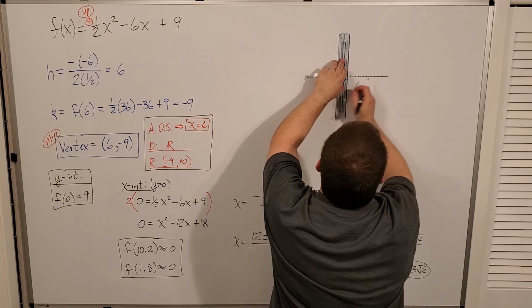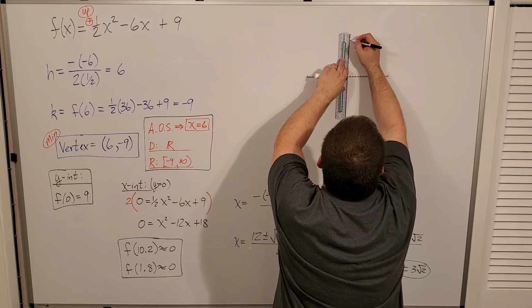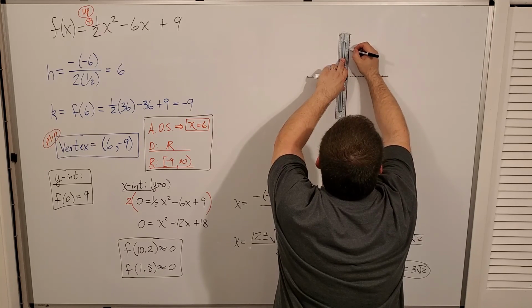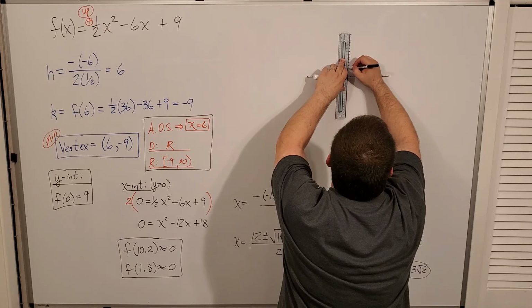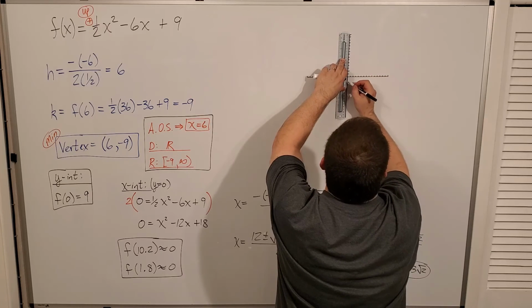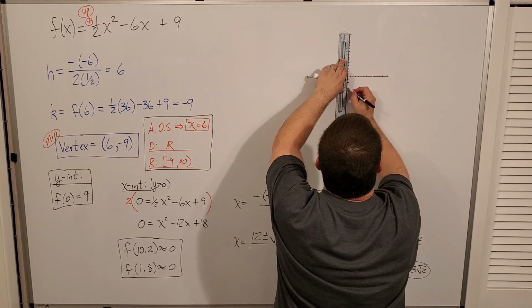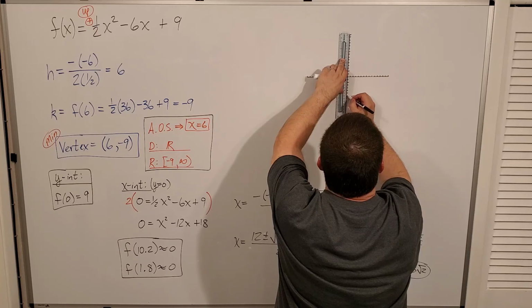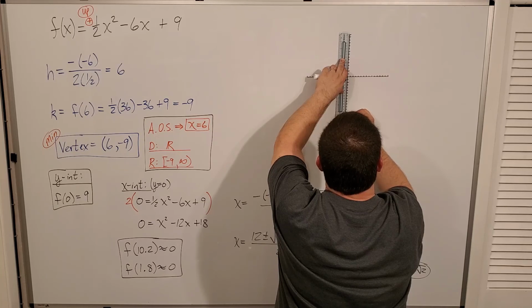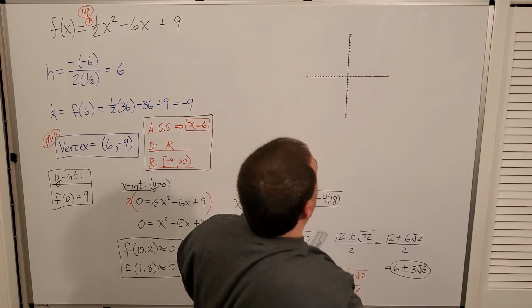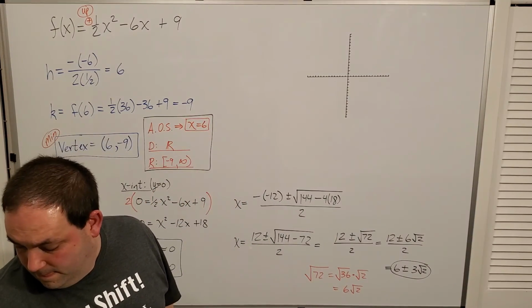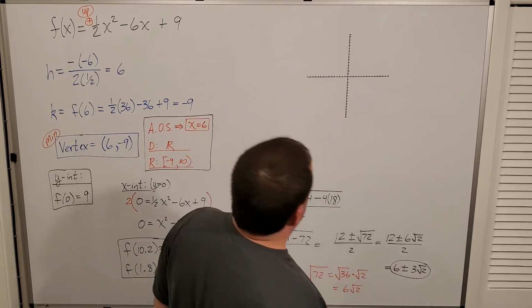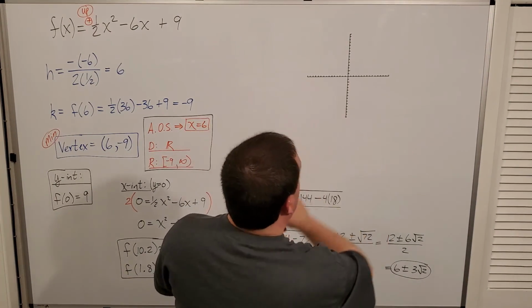Same thing here. All right. So I've got 15 in each direction.